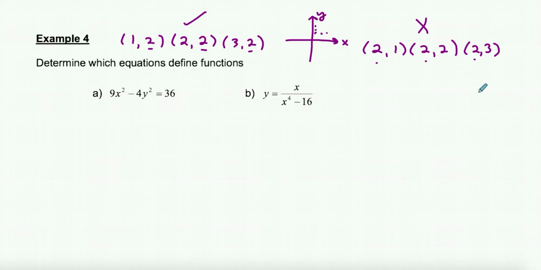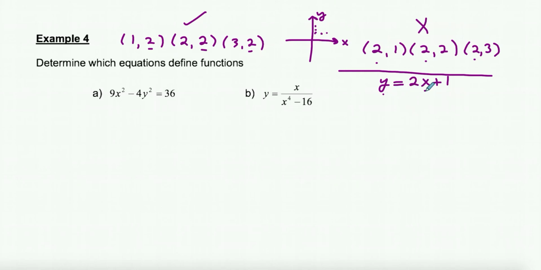How does that help? If we were given a simple equation, something like a linear equation, for example, y equals 2x plus 1, when we're looking at this equation, can we sub something in for x that would give us more than 1 y? For every x, you can only have 1 y.